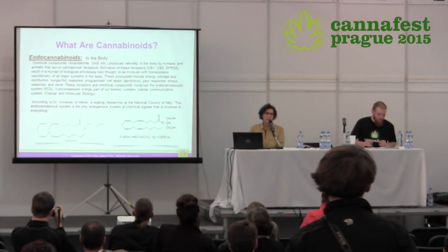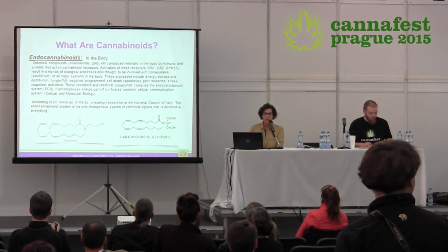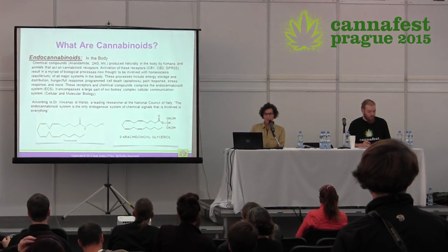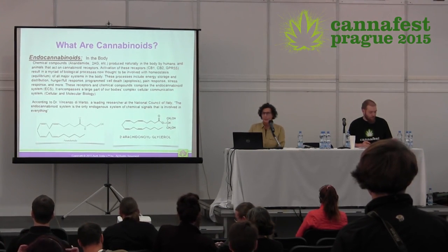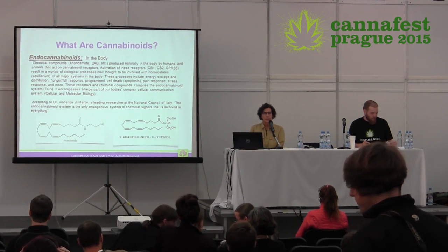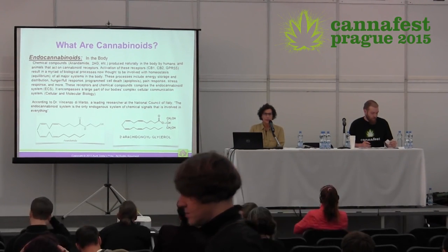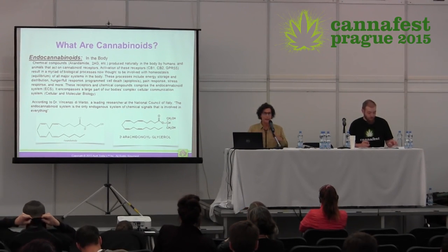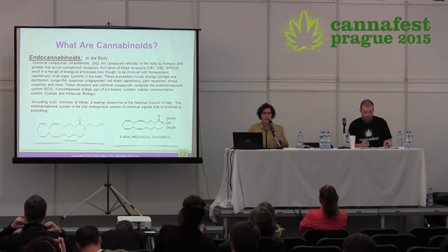If by Sunday afternoon at a cannabis conference you don't know what the endocannabinoid system is, then there's probably not much point in explaining it at this point. But anyway, within our bodies, we have this endogenous system, and the goal of the endocannabinoid system is homeostasis. It's to create a sort of balance or equilibrium within the body.